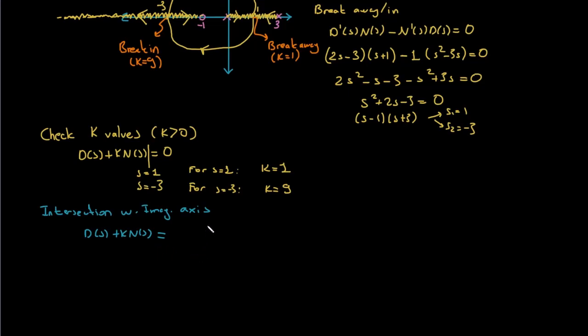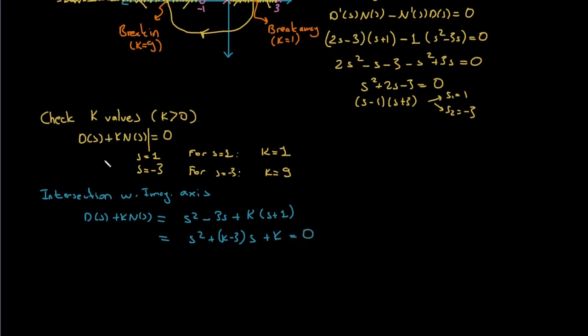So d of s was s squared minus 3s, and k times n of s was equal to s plus 1. So that is simply equal to s squared plus (k minus 3)s plus k equals 0. Okay, so let's apply the Routh-Hurwitz method.